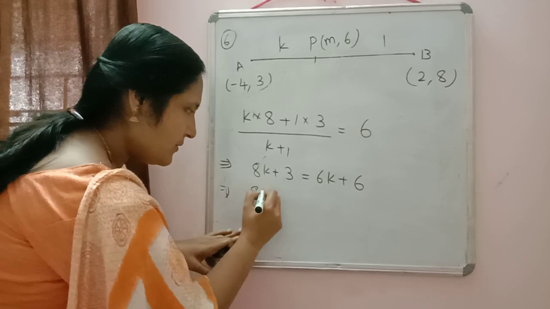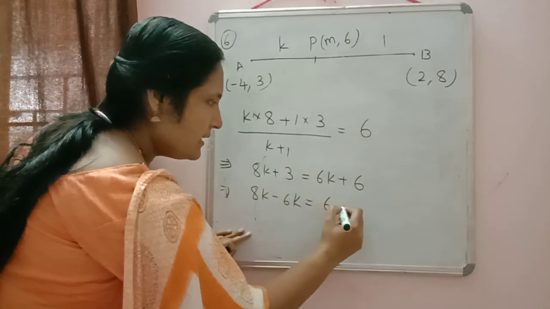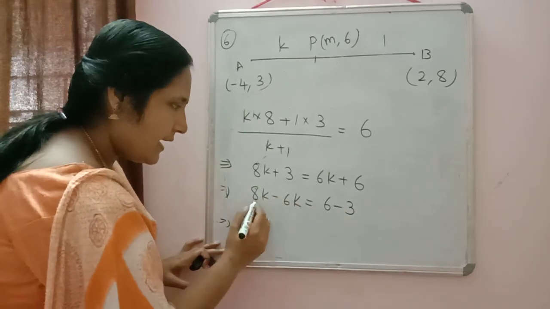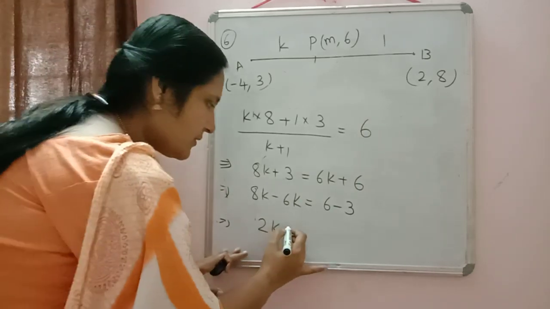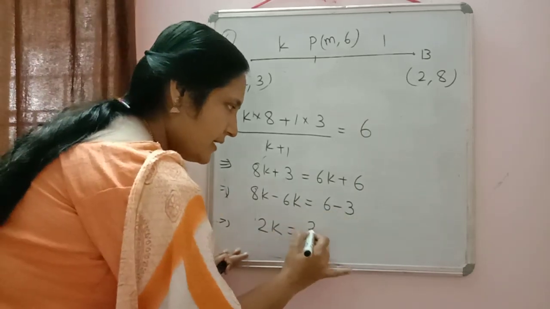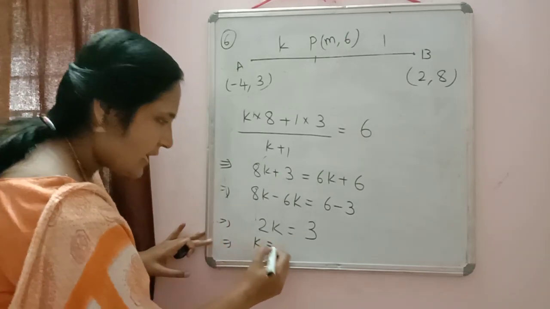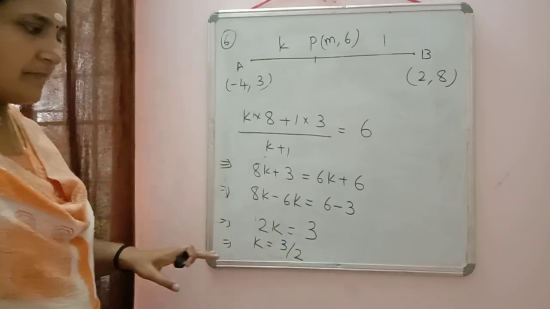So it will be equal to 8K minus 6K is equal to 6 minus 3. 8K minus 6K, 8 minus 6 will be equal to 2K is equal to 6 minus 3, 3. So we will get the value of K as 3 by 2.